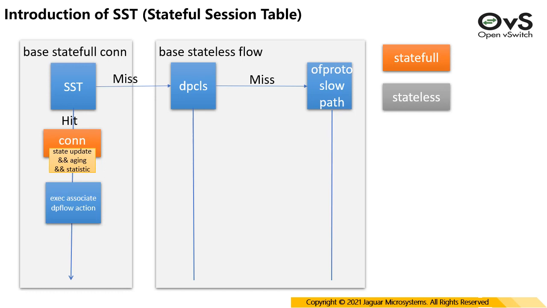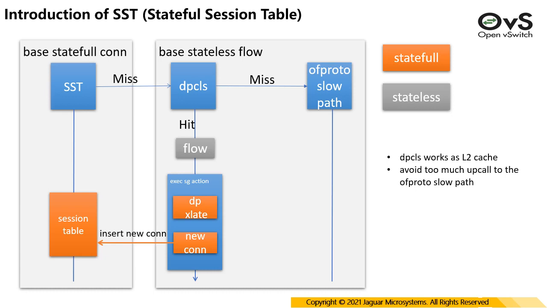They will automatically update once the packet hits on the SST entry. dpcls can work as a layer 2 cache. Once hit in dpcls, it will also create a new connection and associate the flow with the connection. Thus, it will avoid too many upcalls to the OpenFlow protocol slow path.